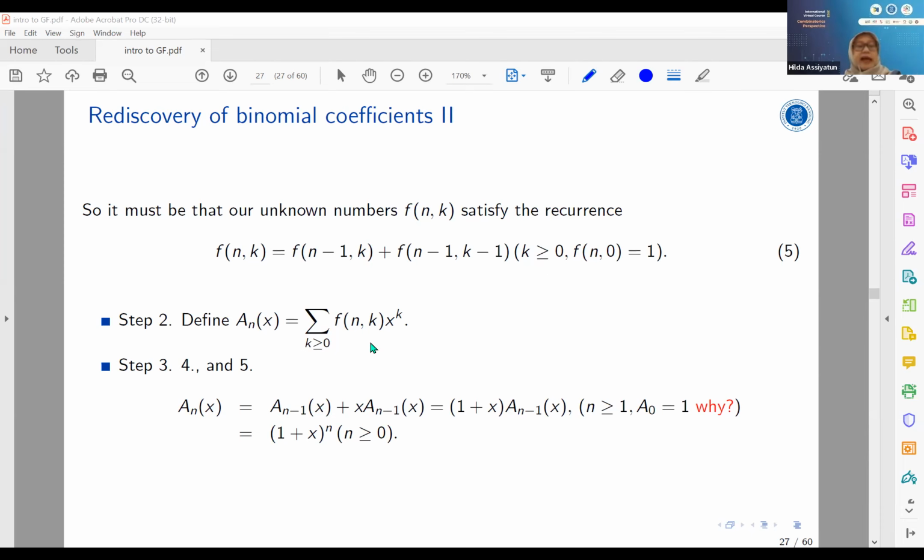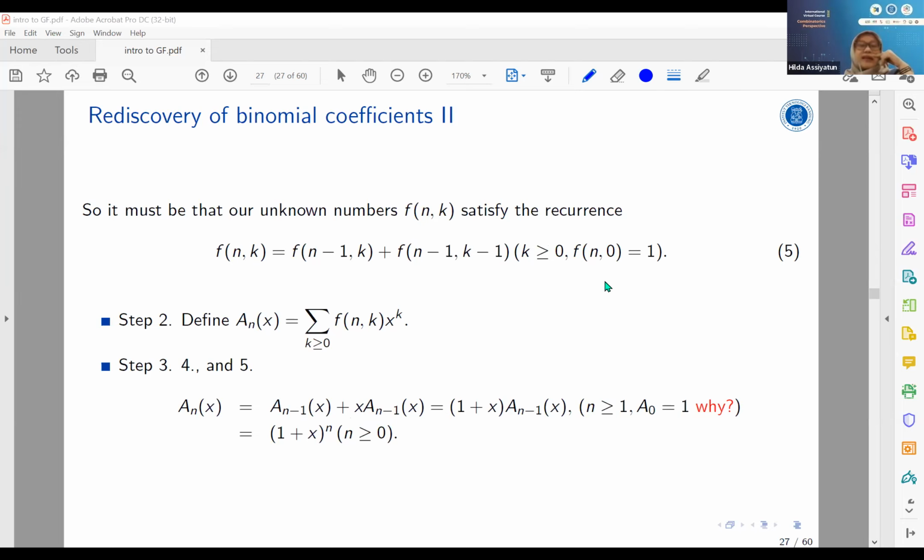And the second term is x a n-1 x. We have an extra factor x here. Agree? Yes, I agree.